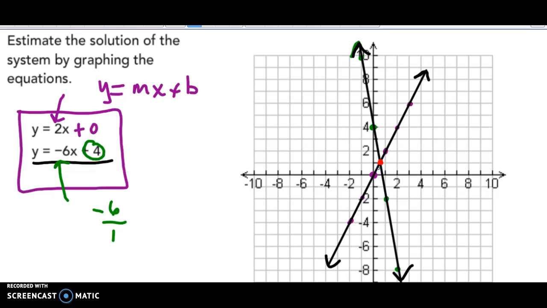So this point looks like it is over about 1/2 maybe, and up 1. So I would call this point 1/2 or 0.5, 1. So that's how I've estimated my solution. I can't say that's exact, but that should be pretty close.